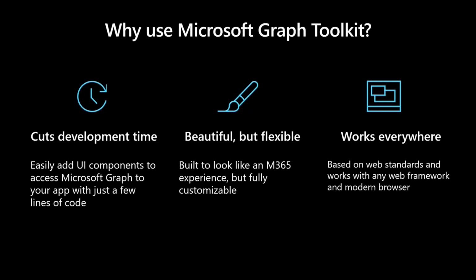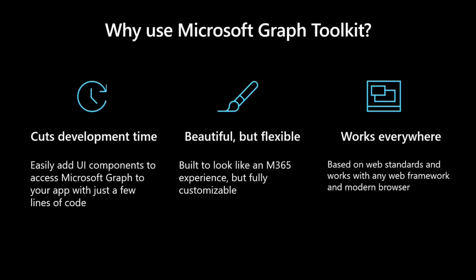Finally, it works everywhere. The Graph Toolkit is based on web standards. We're not specifically using one UI framework like React or Angular or any other. We are using web components, which are part of the web standards. It works on any modern browser with any modern framework.